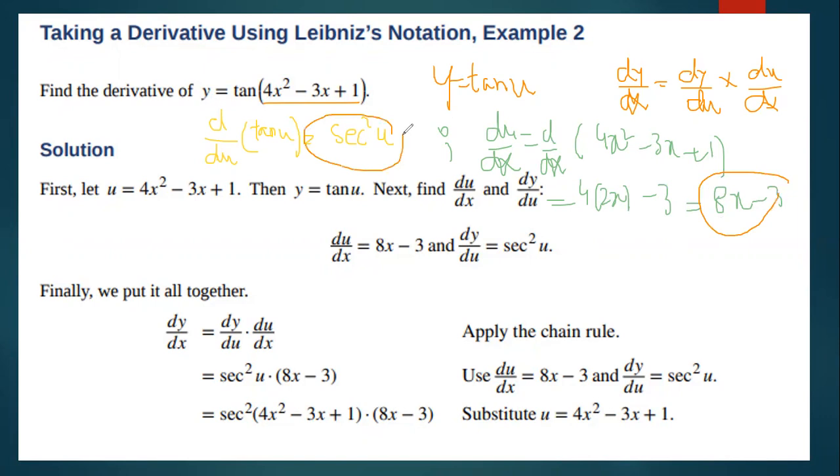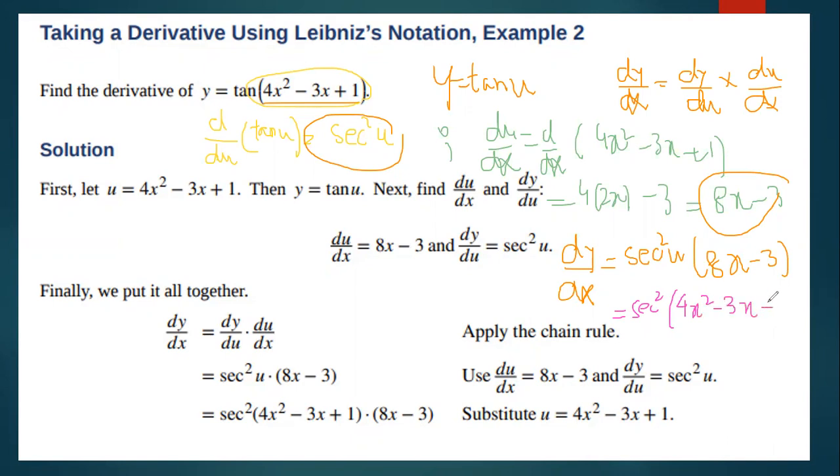Okay, so I have to elaborate, or I have to put the formula here. So it will be dy upon dx, it will be equals to secant square u times 8x minus 3. इसके बाद मैंने क्या करना है कि इस u जो मैंने सपोज किया था 4x square minus 3x plus 1, this one. ओके, इसकी जगह मैंने वैल्यू डालनी है. सो इट विल बी secant square of 4x square minus 3x plus 1 with the value 8x minus 3.